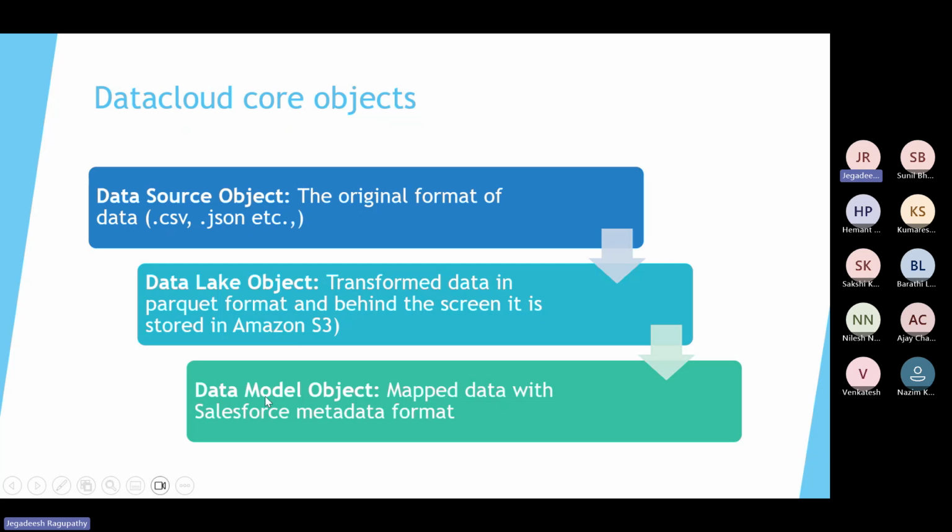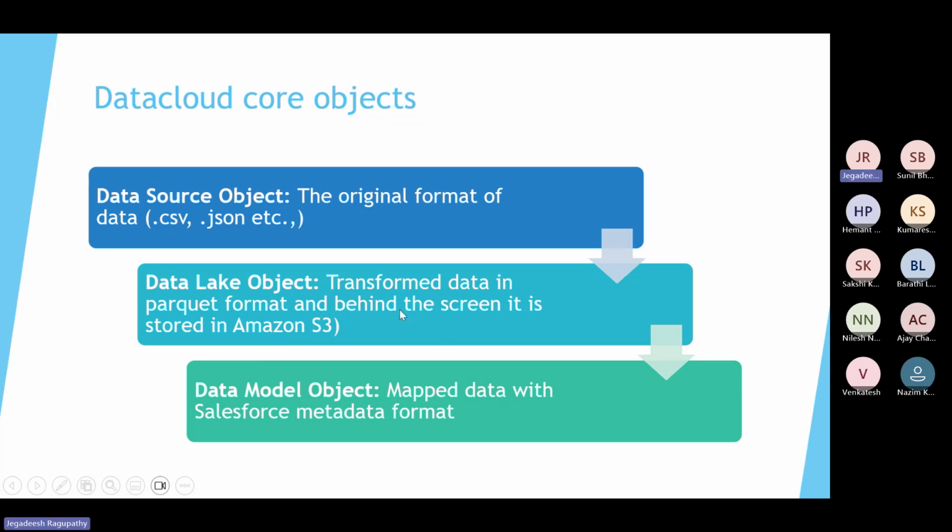Then that's when we come to the data model object. You have the large volume of data stored in the data lake object. You can map it to any Salesforce fundamental object like account, contact, or you can create a custom object. You can map them with the Salesforce metadata format. This is called transformation.